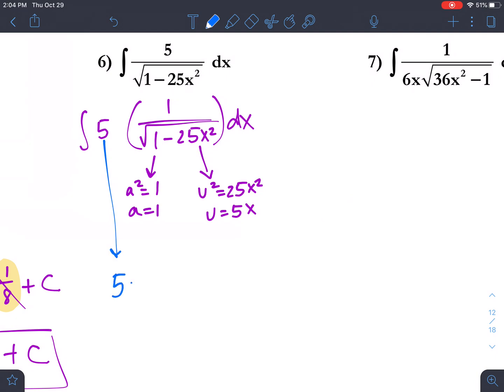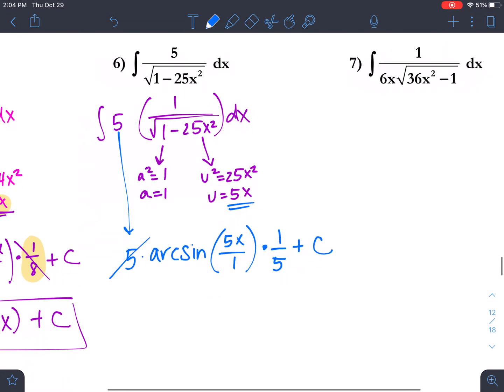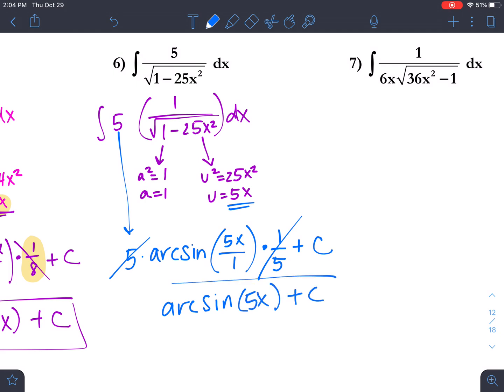So 5 times arcsine of u over a plus c. And again, we want to multiply by anti-chain rule. So derivative of 5x is 5, so we want to multiply by 1/5. Okay, 5 times 1/5 end up canceling. Our final answer here would be arcsine of 5x plus c.